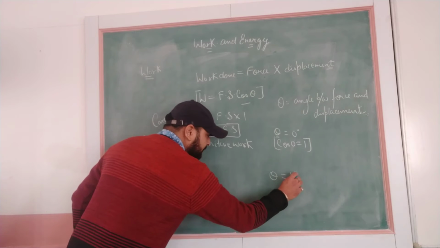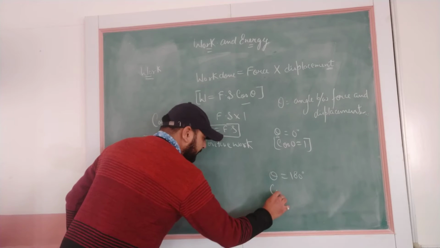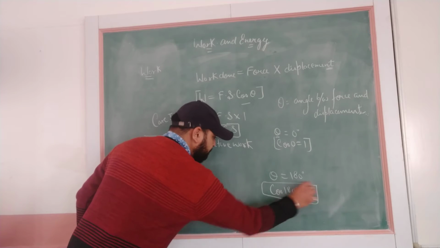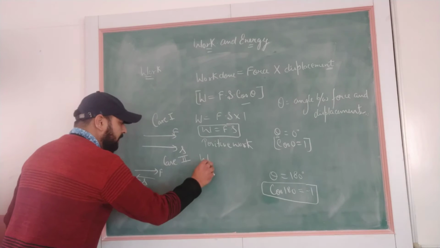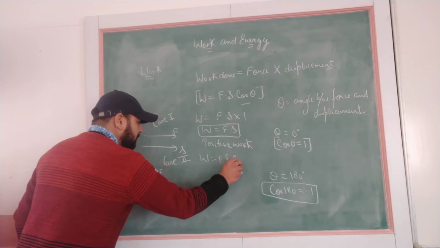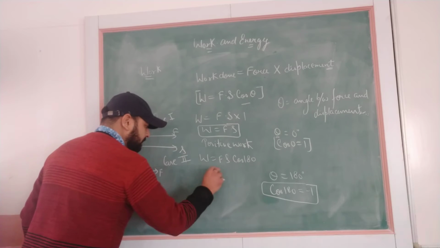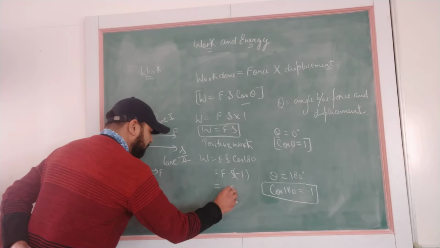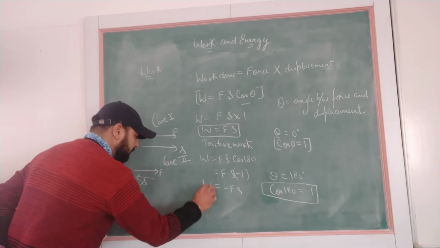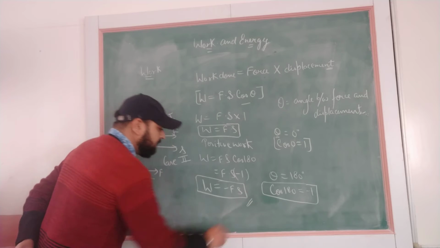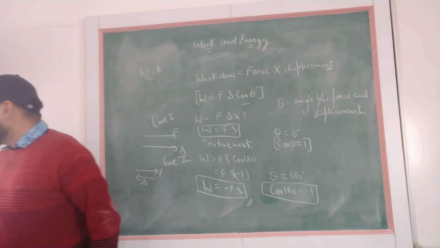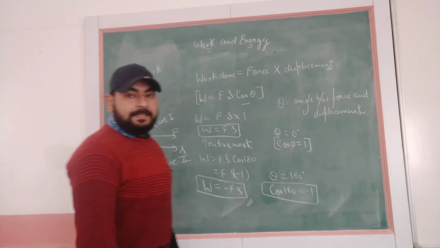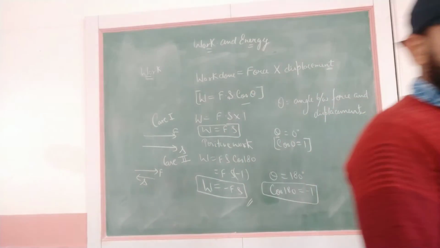Theta in such a condition will be equal to 180 degrees and cos 180 is equal to minus 1. That means work done will be equal to Fs cos 180, Fs into minus 1. That means minus F dot S will be the work done. Alright.